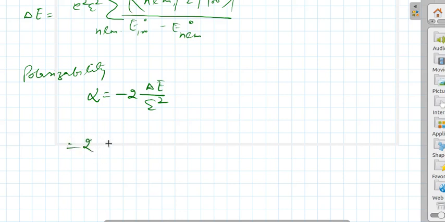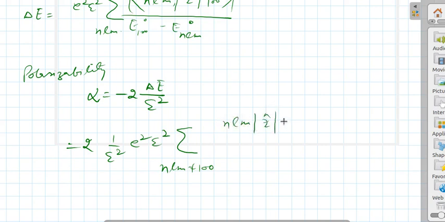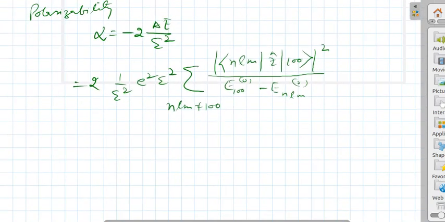The value of delta E will be e square epsilon square times the summation, so this epsilon square will cancel out, and it is minus 2 e square times the summation.